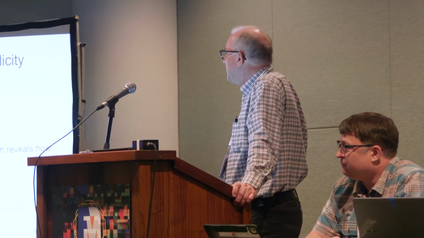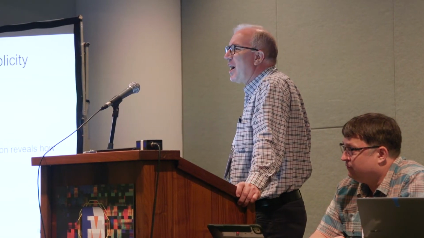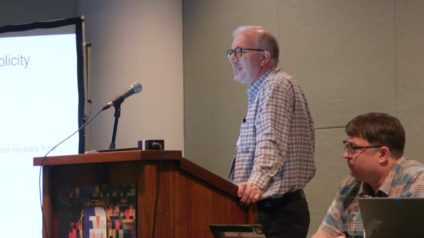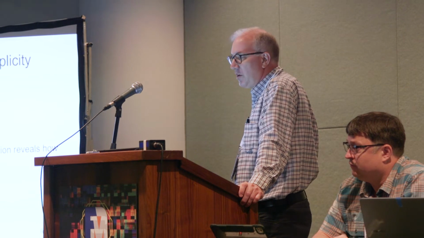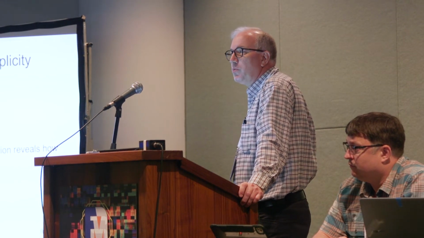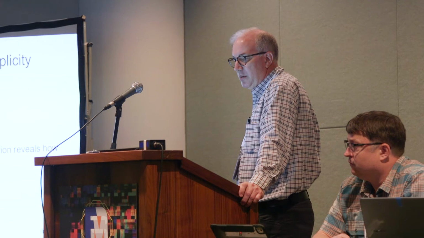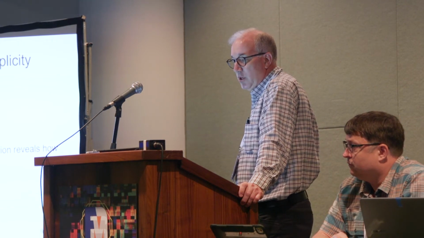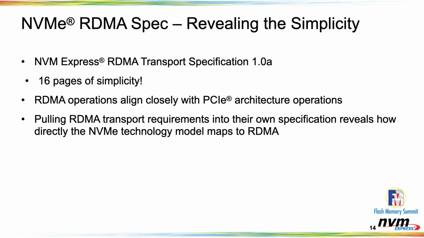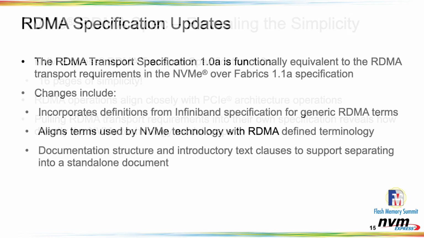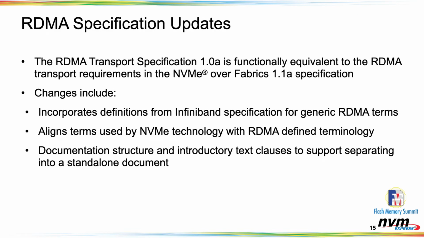So a lot of this is document structure, and it doesn't take a tremendous amount of content to map the RDMA operations onto the core operations that were part of the original design because of the PCIe implementation. So that was really revealed by pulling it into its own specification. So what went into the 1.0a specification that makes it different from what was in the 1.1a specification?